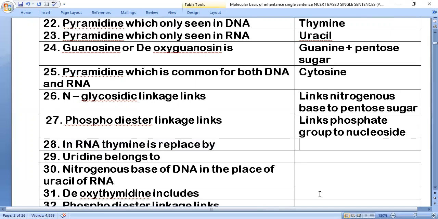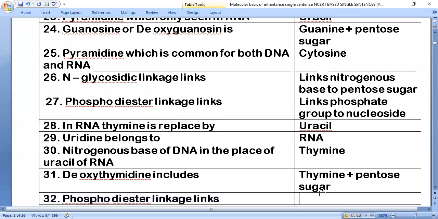In RNA, thymine is replaced by uracil. Uridine belongs to RNA. Nitrogenous base of DNA in the place of uracil of RNA is thymine. Deoxythymidine includes thymine plus pentose sugar. Phosphodiester linkage links two nucleotides.